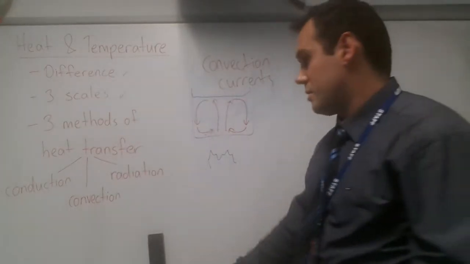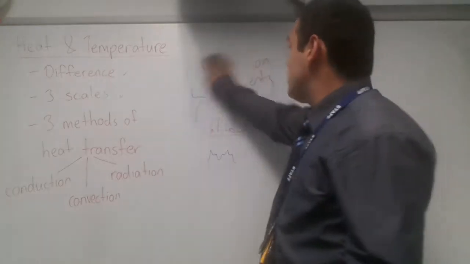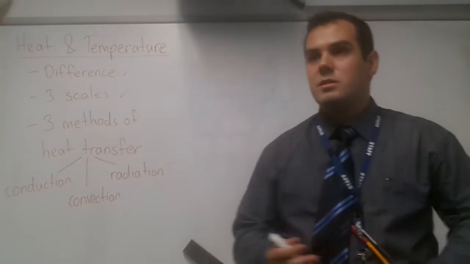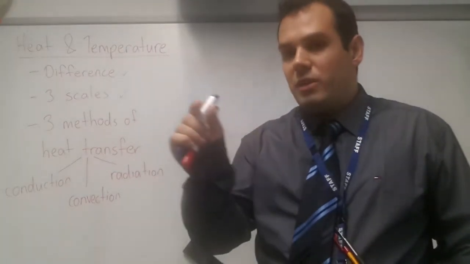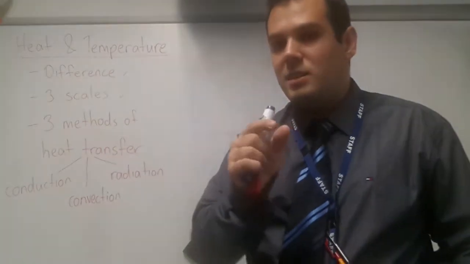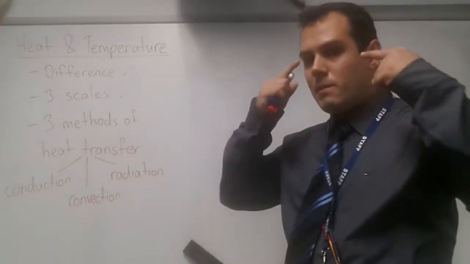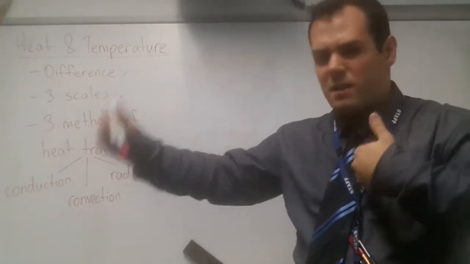That's convection currents. The third type of heat transfer that I want to talk to you about is called radiation. Radiation doesn't actually move heat, or the heat energy doesn't travel by moving atoms. So when we think about the sun and the earth, there's nothing in between. It's a vacuum.